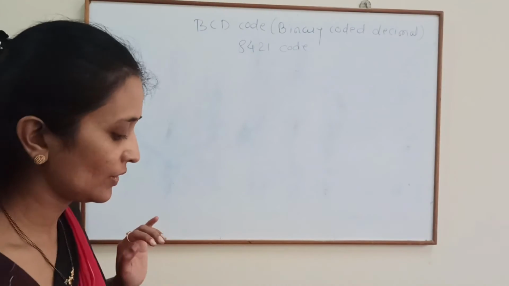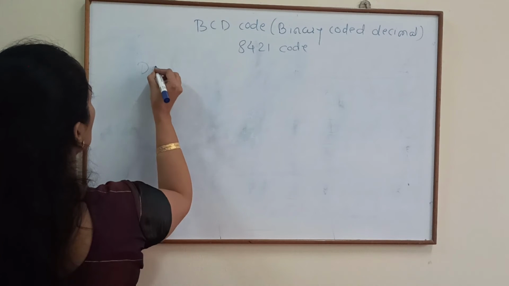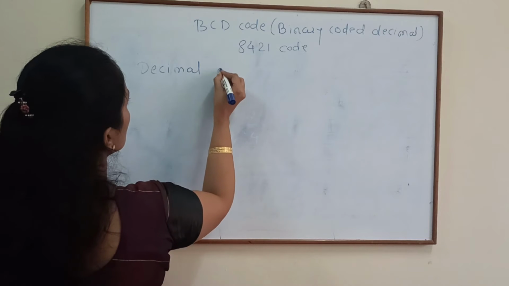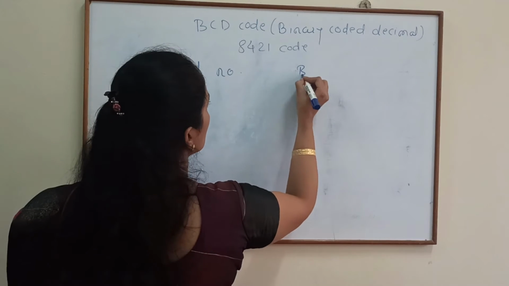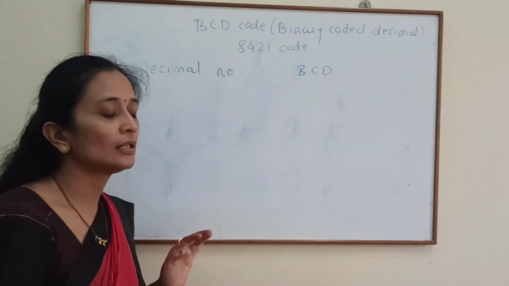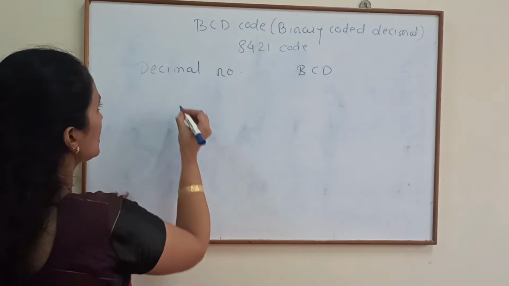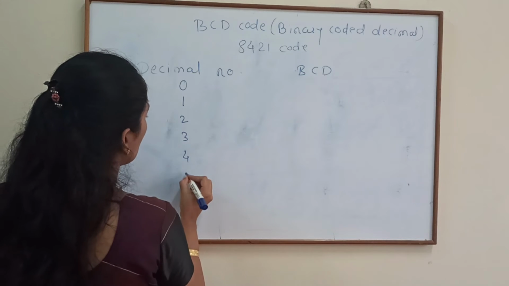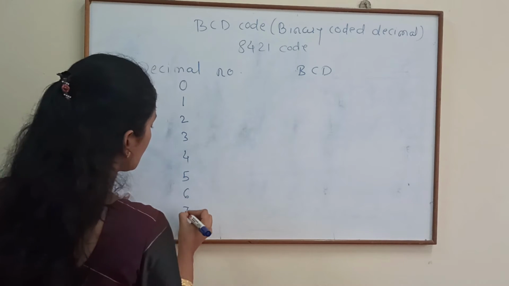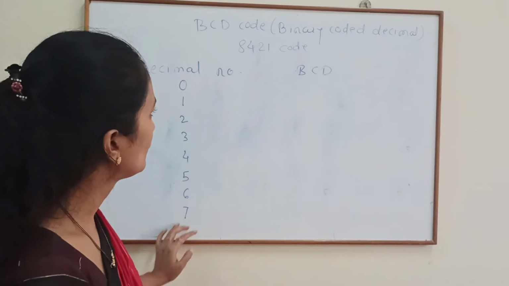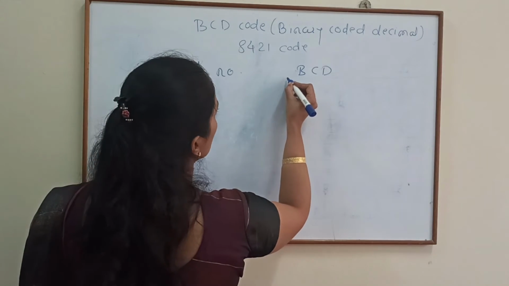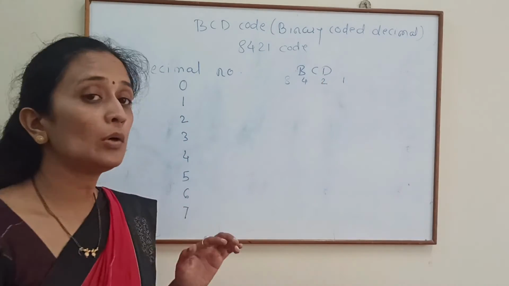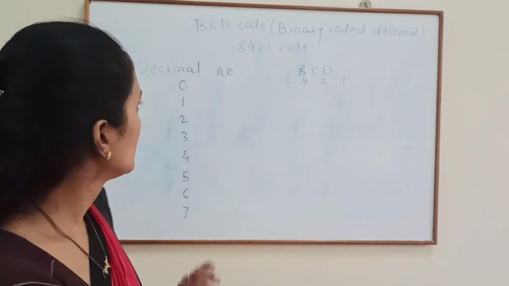Now we will see the table for binary coded decimal. These are decimal numbers. These are binary coded decimal numbers. Decimal numbers will be from 0, 1, 2, 3, 4, 5, 6, 7. We will take up to 7 only. And BCD code are in the form of 8, 4, 2, 1. Now how to get BCD code?